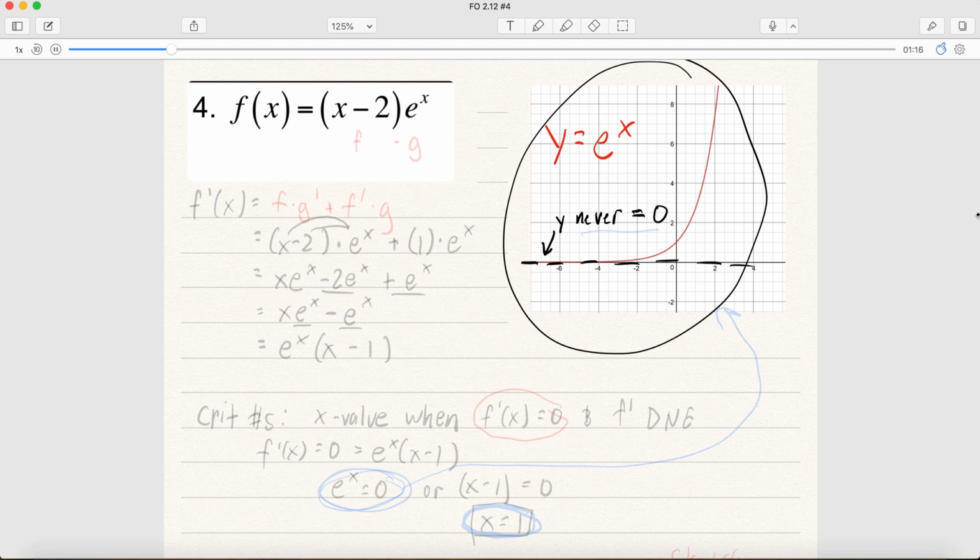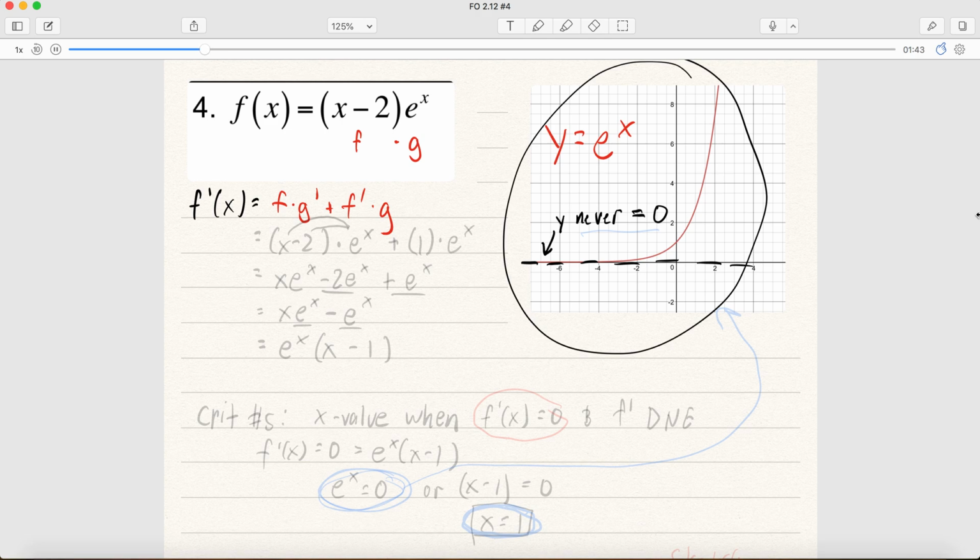Alright, so let's actually do this problem. Let's start by taking the derivative of f of x. So when we take the derivative, I look at this function and I go, hey, I see a product. So I see an f part here and a g part here. What we know about the product rule is that we're going to have f times g prime plus f prime times g.